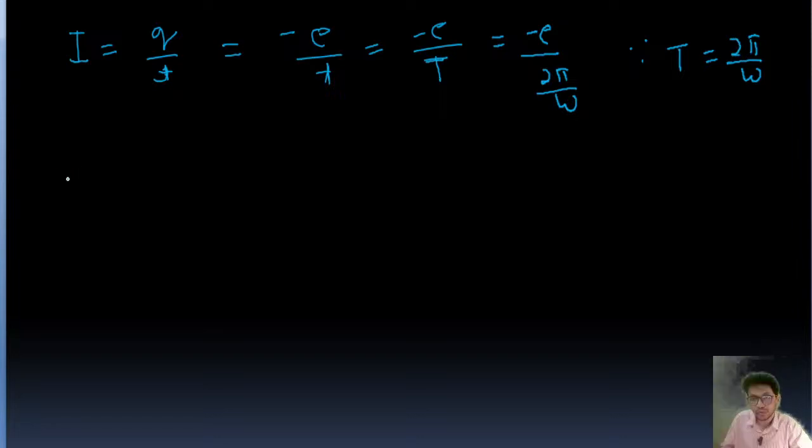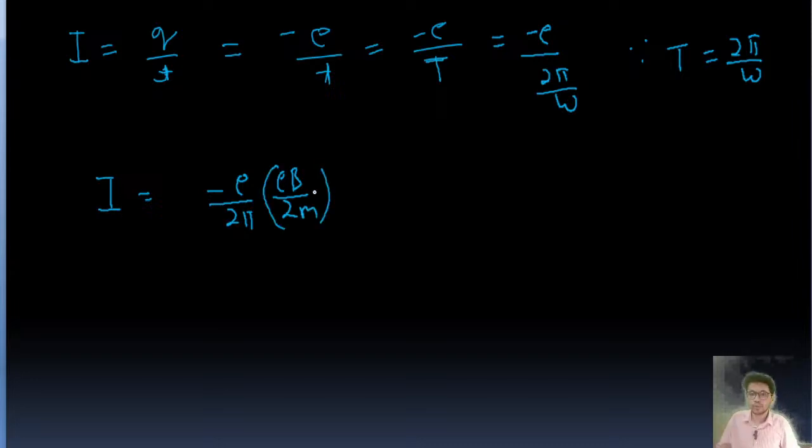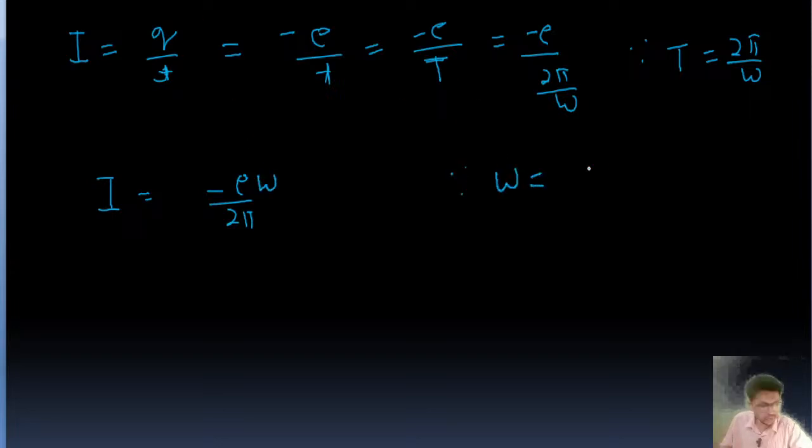So we can write the current as minus e upon 2 pi omega, and the value of omega is this important one, qB upon 2m, that is charge times B upon 2m.